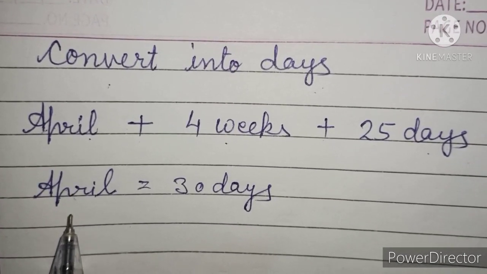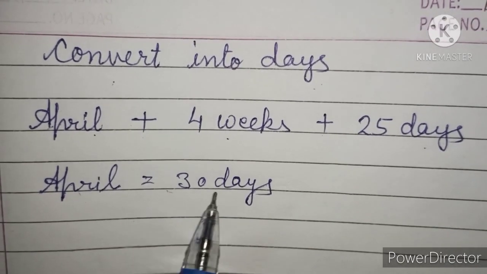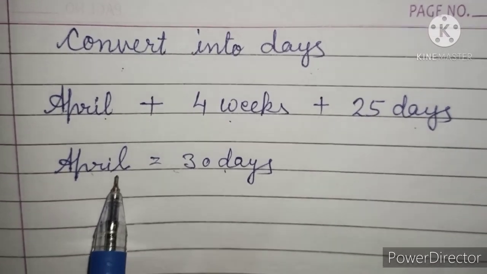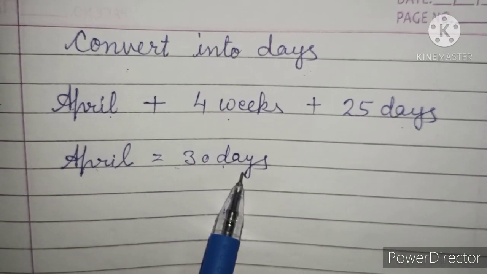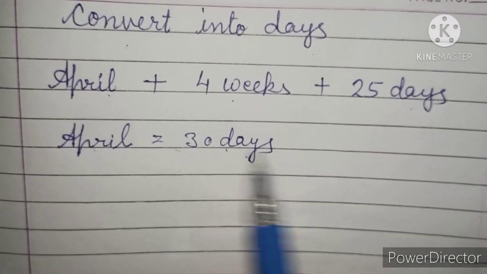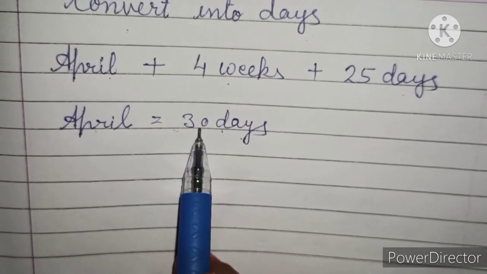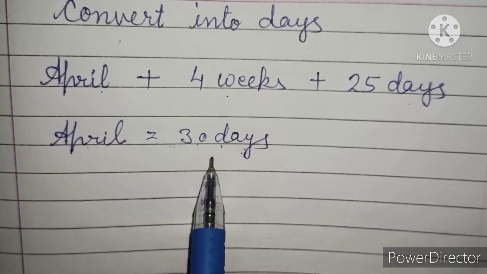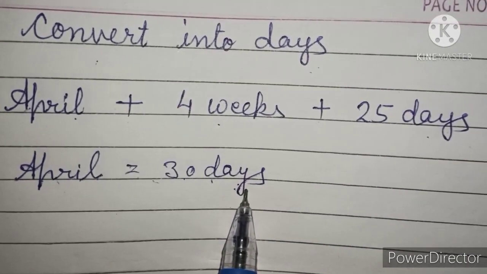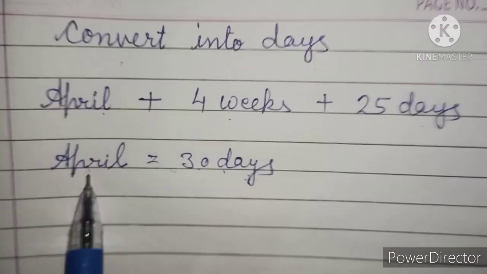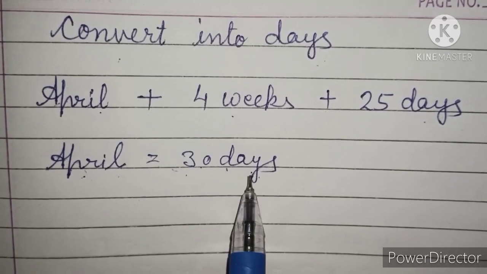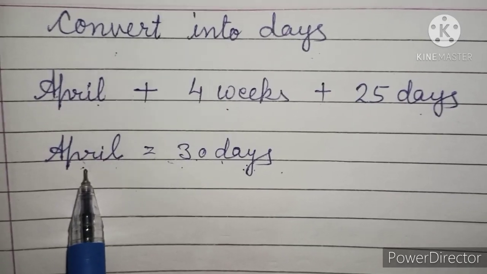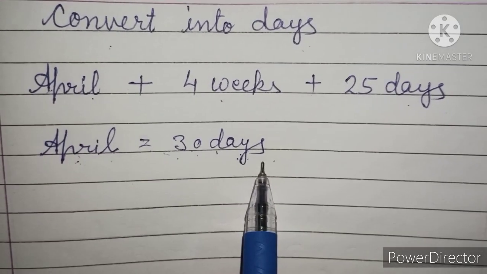Children, if April is 30 days, then we have to write here April is equal to 30 days. You can see that I have already written. So April has now been converted into days. Okay.